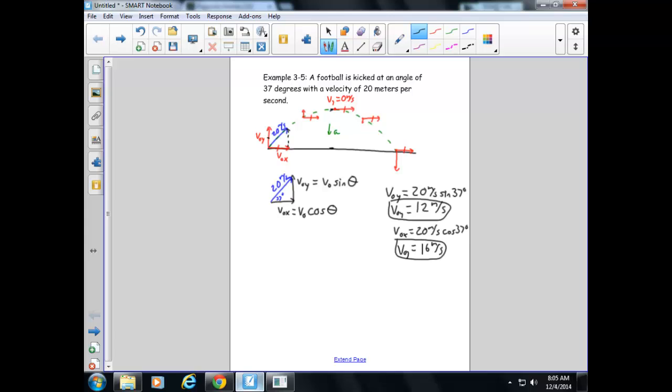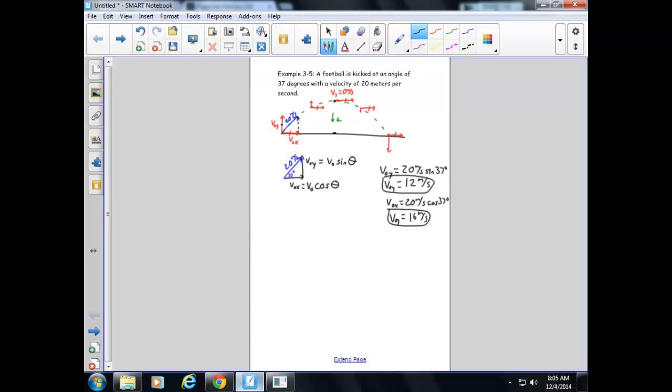Part A wants to know the maximum height that the football travels. In other words, the distance from here to here, as I said a couple of minutes ago. That's a vertical height, so we probably want to list some information in the y direction. Remember, anytime we're doing an angled launch problem or a horizontal launch problem, we want to split things up into the x stuff and the y stuff, the horizontal stuff and the vertical stuff.